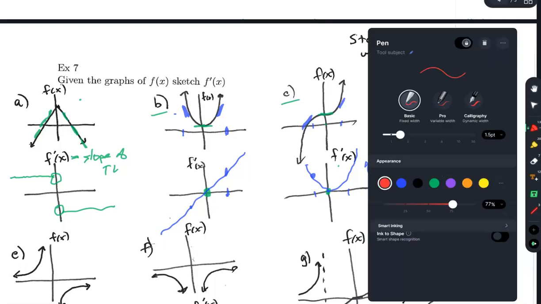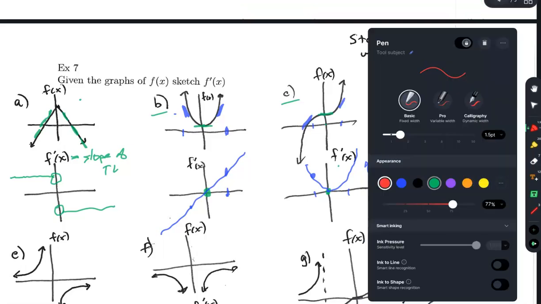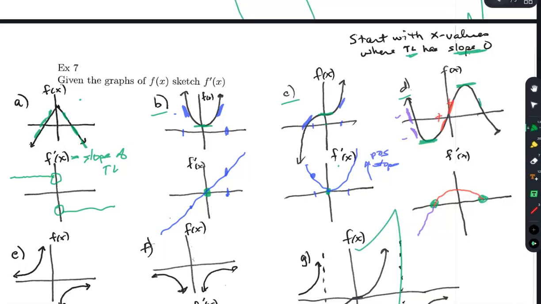And then if I come in between in here, between these 2 slope zeros, those look like positive slopes. So positive slope means above the x-axis, and then it has to come back down to the 0. And then after that, it's going to be negative slopes again. So down there.